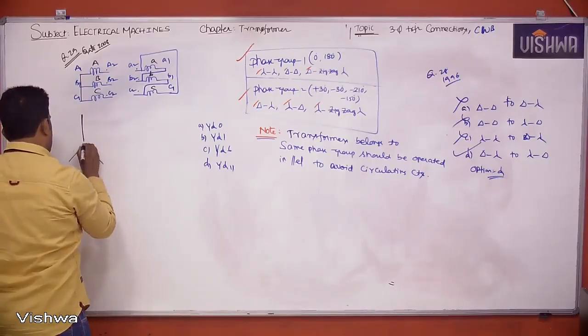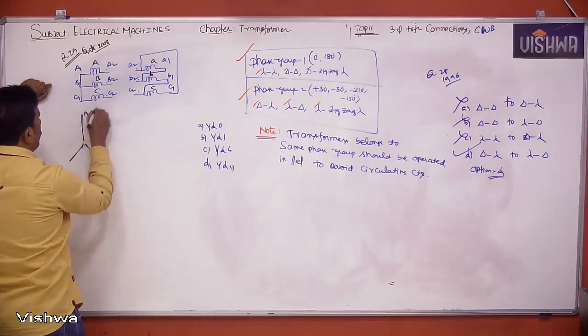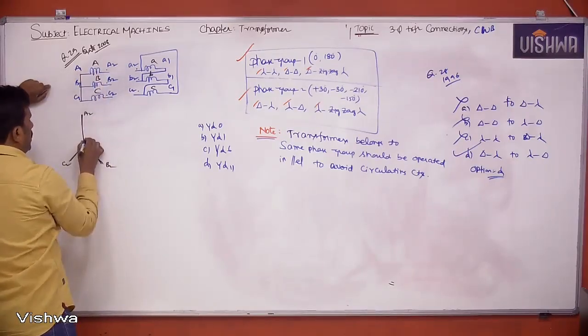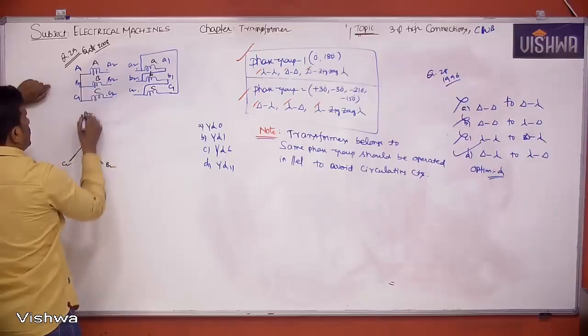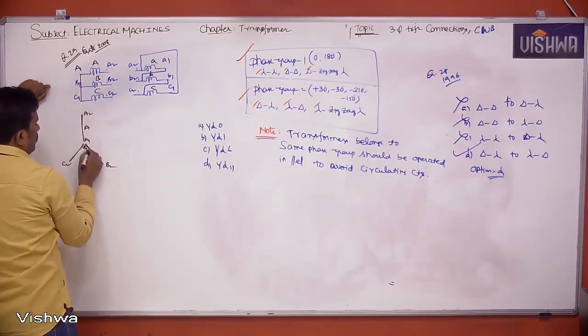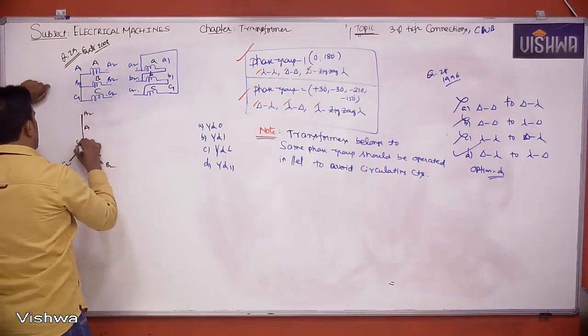Primary is nothing but star connection. So simply A2, B2, C2. If it is A2, what is the other terminal? A1. A1, A2 means which vector? Capital A. B2 means the other terminal is B1; B1, B2 means capital B vector. C2 means the other terminal is C1; C1, C2 means the C vector.